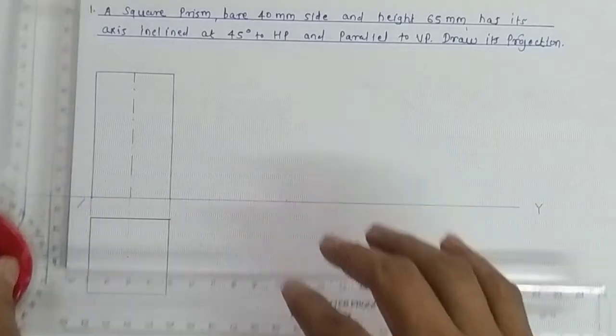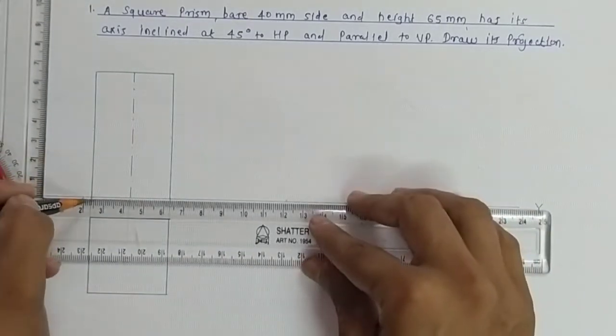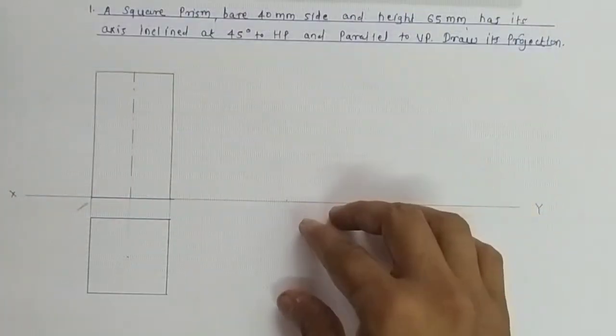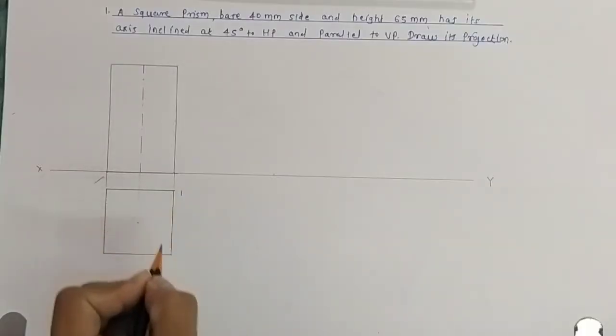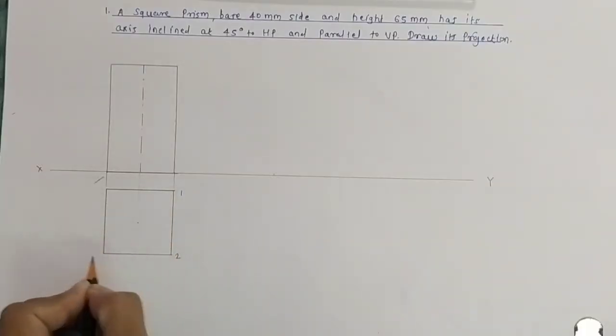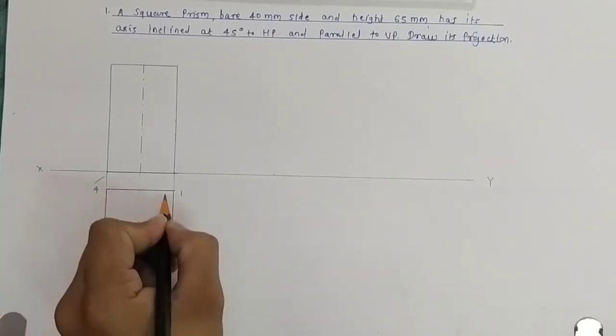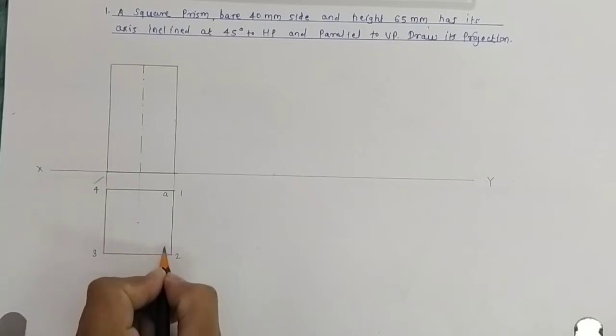So this is the initial position of the square prism. Give the names and dimensions. For top view, we give the names without dash, and for front view, we give the names with dash.